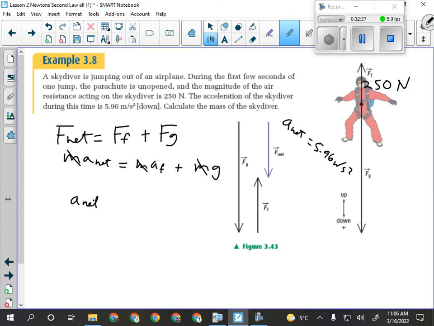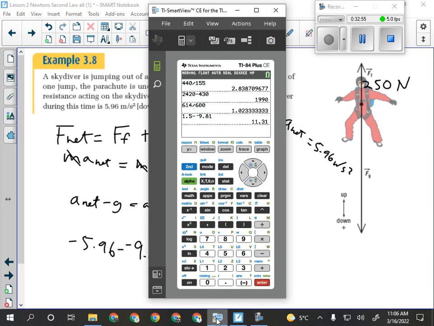So I'm going to go net acceleration minus acceleration due to gravity equals the acceleration produced by the force of friction. So that'll be negative 5.96 minus negative 9.81 equals the acceleration due to friction. Why was it important to make the 5.96 negative?